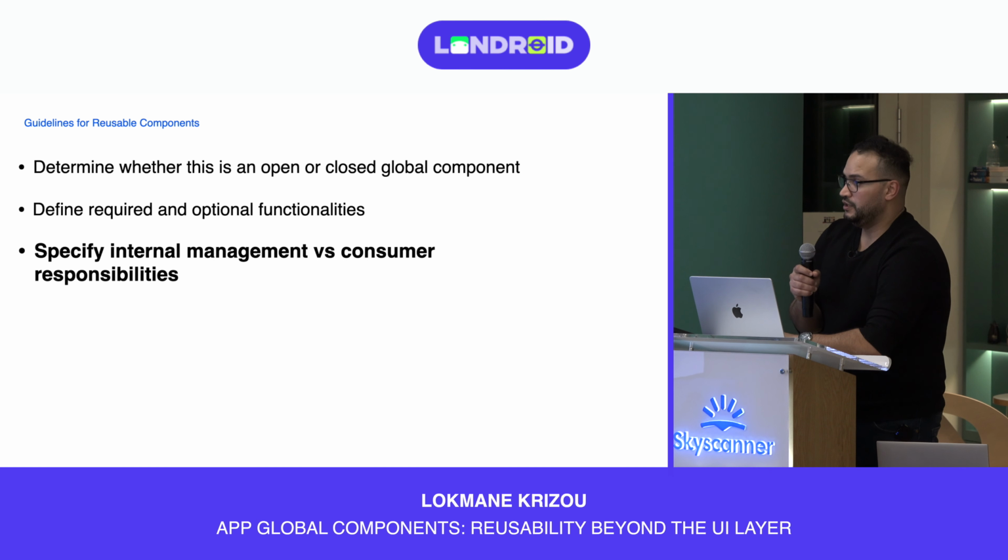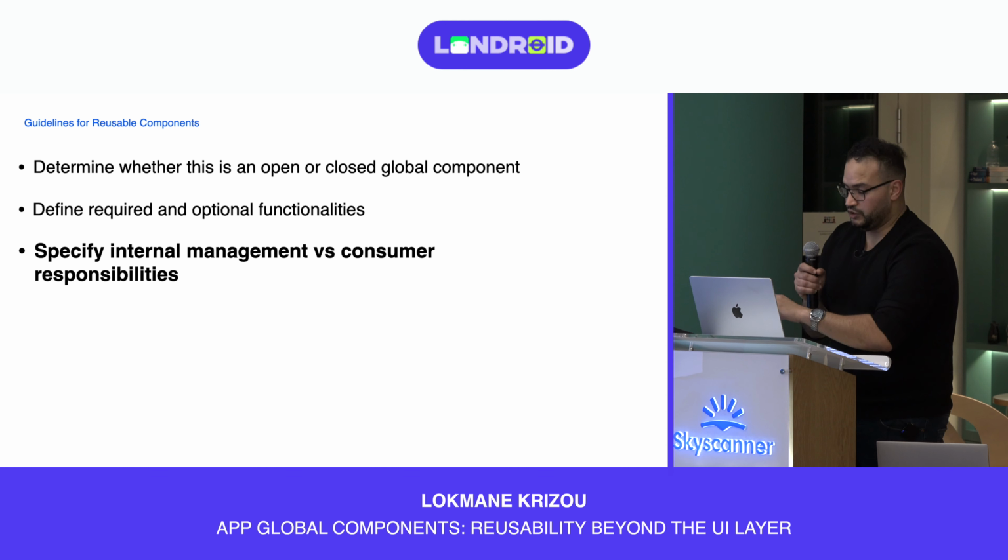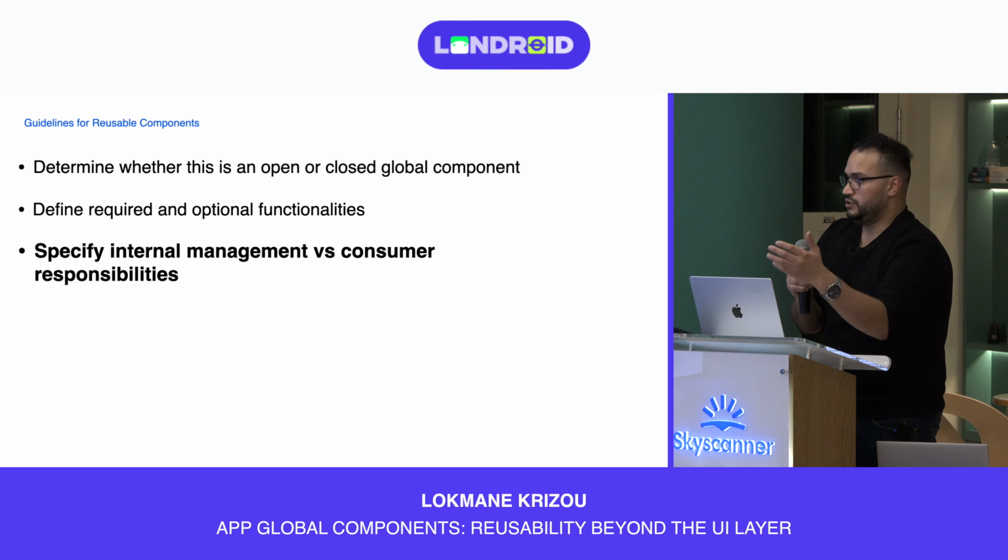One thing to make sure of, once you have these required and optional functionalities defined, is to define which functionalities can be handled internally inside your component, and which can be configured by the consumer. For instance, from the previous example, the current location was already implemented on all the screens, and it was the same, so there is no need to push the responsibility to the consumer.